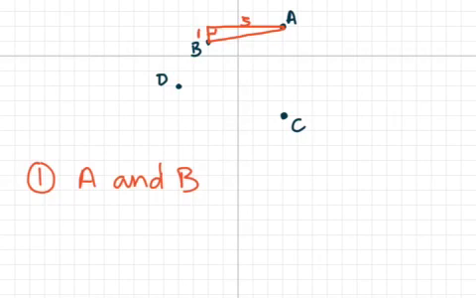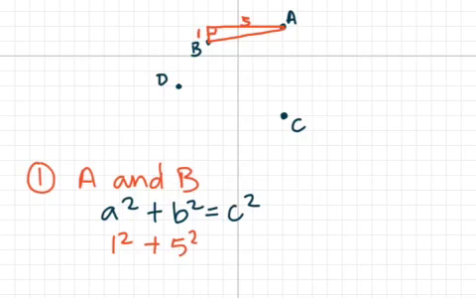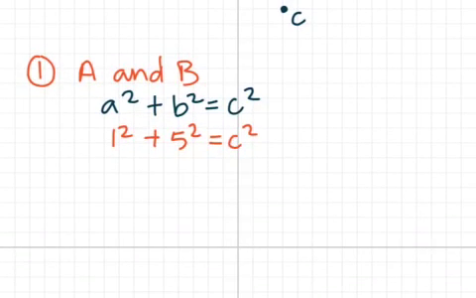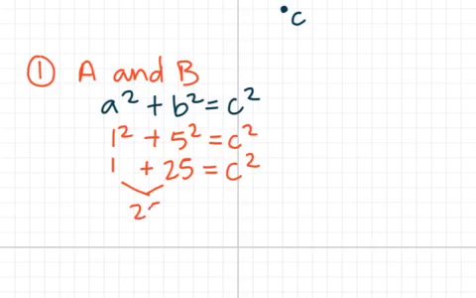And we can use the Pythagorean theorem, which is a squared plus b squared equals c squared, to solve for our missing side length. So in this one, our missing side length is the hypotenuse. So I would plug in 1 squared plus 5 squared equals c squared, and I can just square my values. So 1 squared is 1, plus 5 squared is 25, and this is equal to c squared, and we add those together.